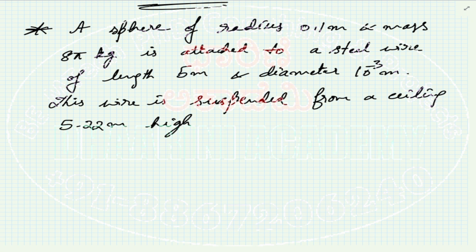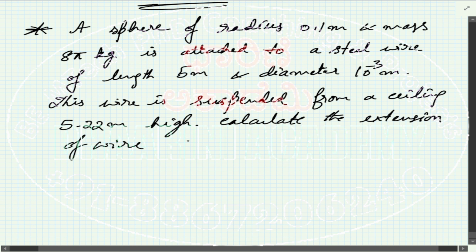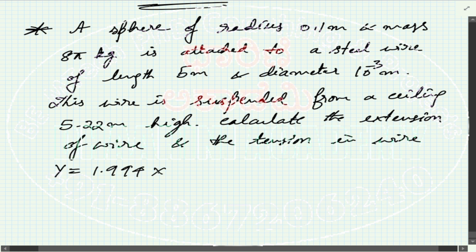Now we need to calculate the extension of the wire and the tension in this wire, taking Y as 1.994 into 10 to the power 11 newton per meter square.